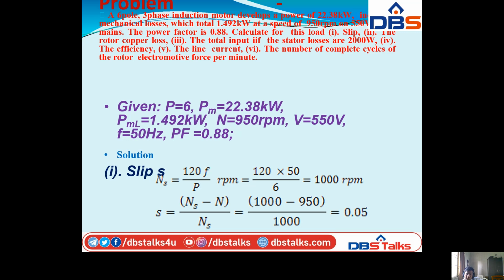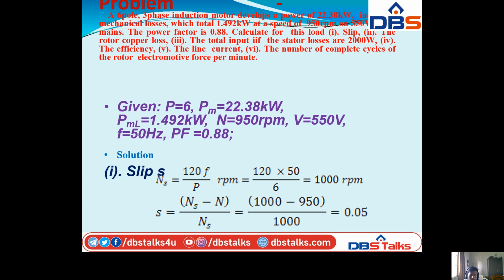Number of poles is equal to 6. Mechanical power W is 22.38 kilowatt. PML is 1.492 kilowatt. Rotor speed N is 950 rpm. Terminal voltage is 550 volts. F is equal to 50 hertz. Power factor is equal to 0.88.